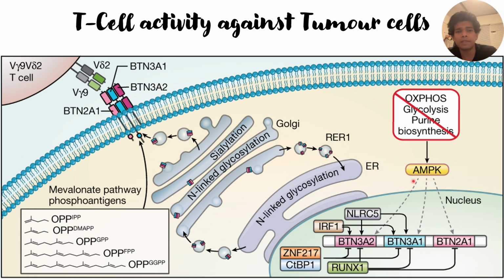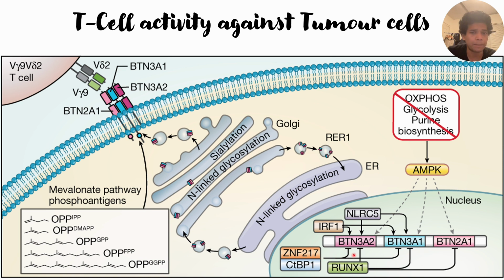In terms of the AMPK signaling pathway, what they found is that because of the stresses the tumor cells are under, this might lead to the upregulation of BTN3A1, 3A2 and 2A1.